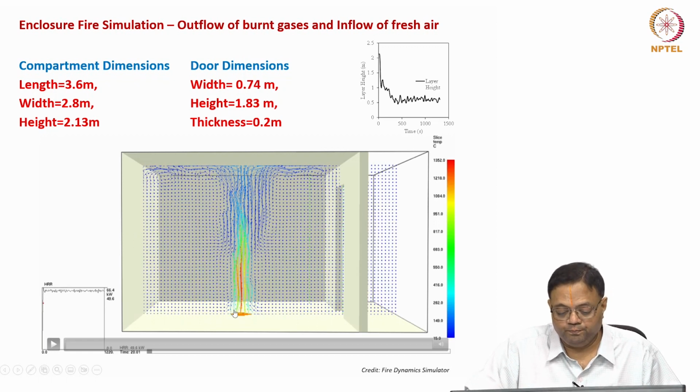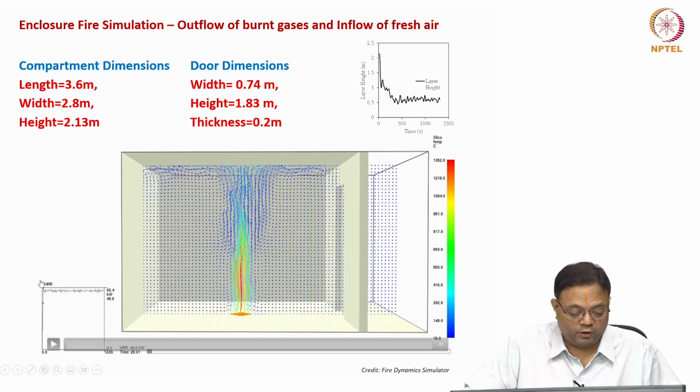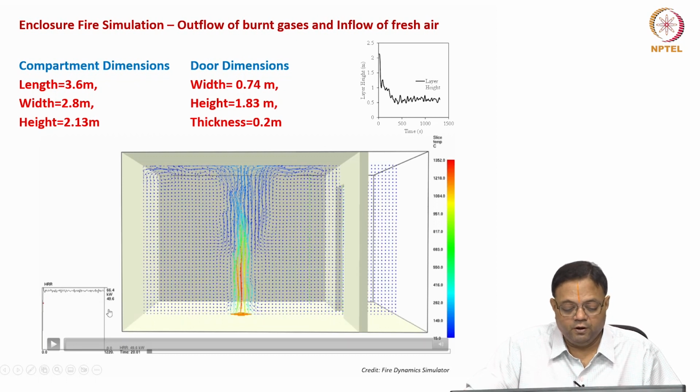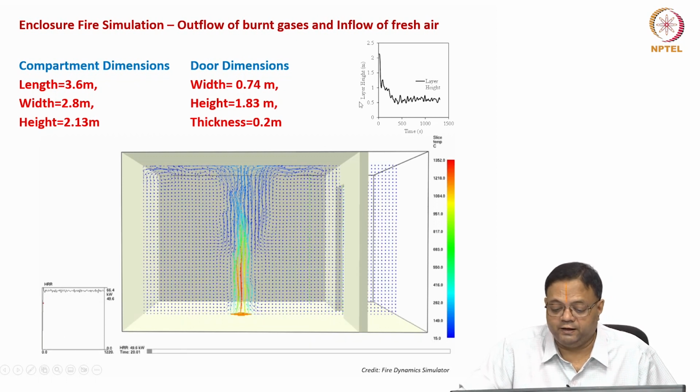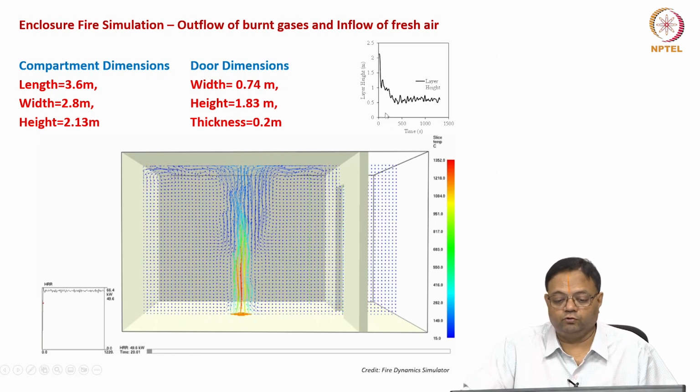We are showing the temperature colored as red highest and blue lowest, and there are two graphs shown. One is the heat release rate. You can see the heat release rate is steady, and the layer height, that is the smoke layer height, as a function of time, is also shown.